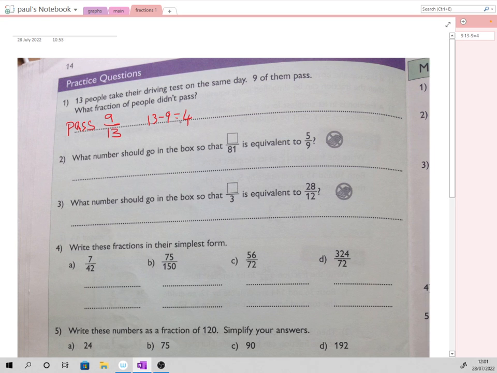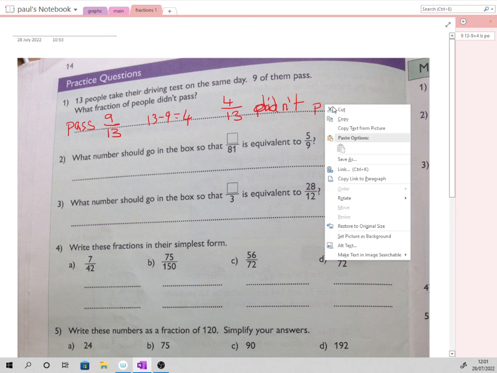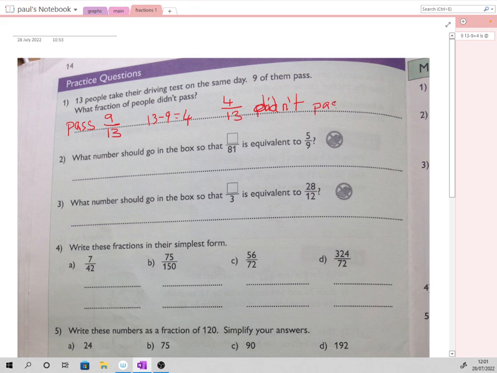So that means 4 people didn't pass. So as a fraction, 4 out of 13 didn't pass. I don't know whether I got all the passes and didn't passes muddled up there. But 9 out of 13 passed. Take away 9, 4. 4 out of 13 didn't pass.